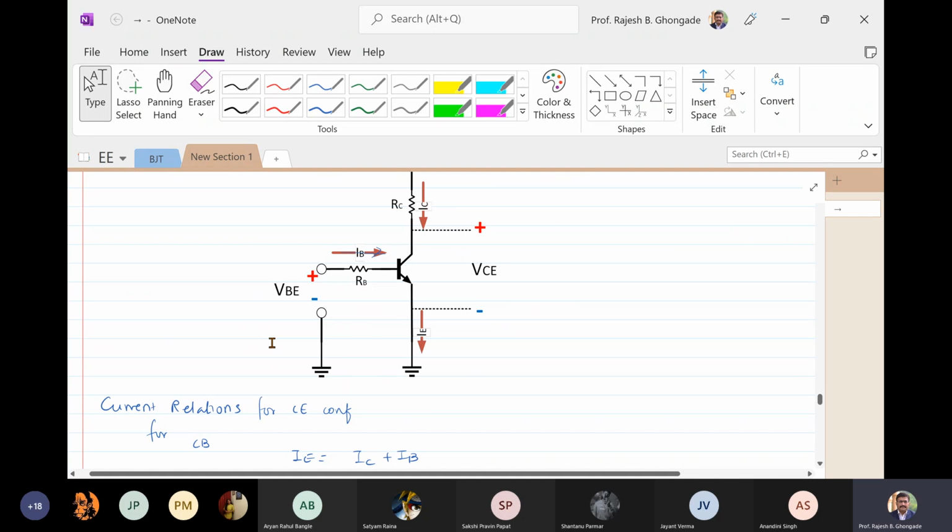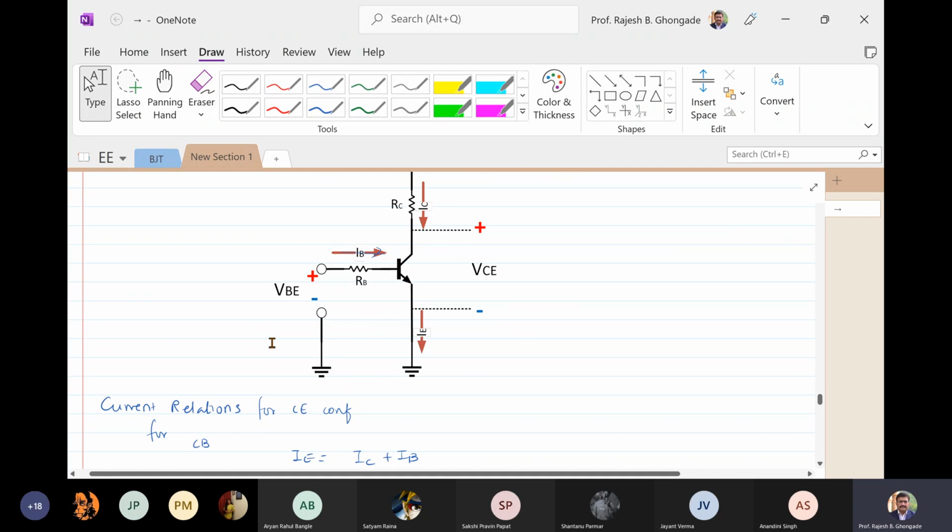We are not applying any signal. Do you understand? We are applying a DC voltage. We are simply biasing the transistor and keeping the bias conditions constant, in this case VCE, and we are trying to plot this particular relationship.